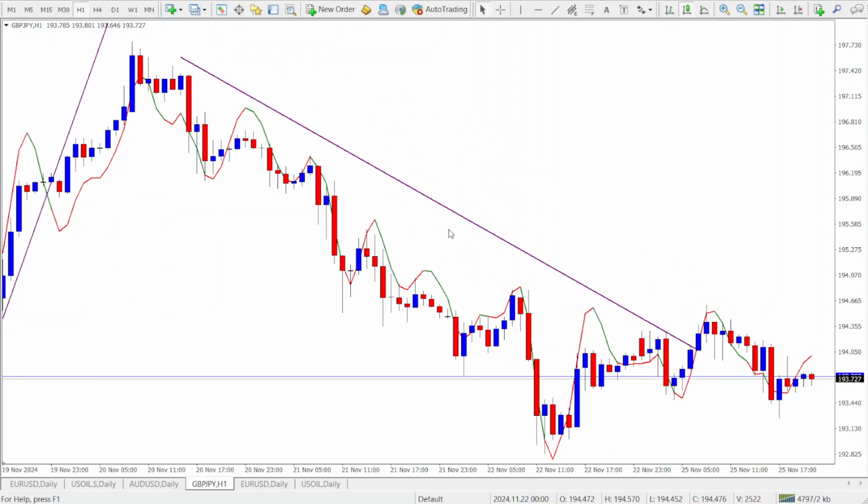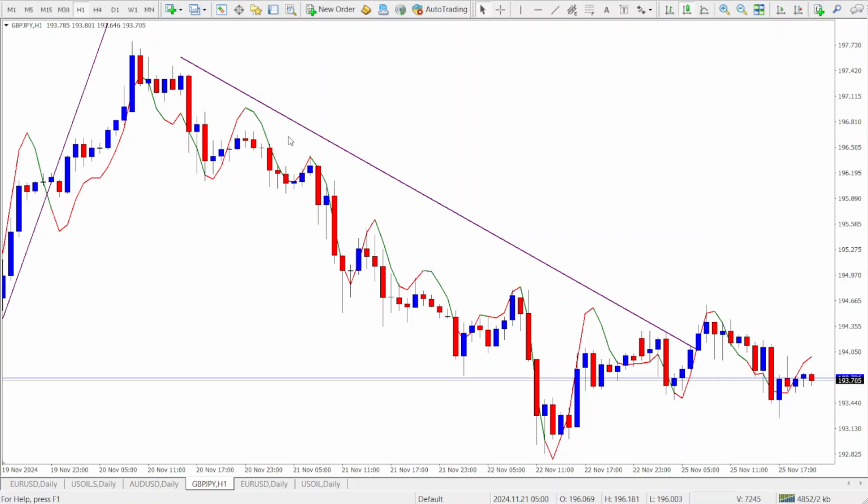In the case of a sell trend, you can see the green line is serving as dynamic resistance. The red line is now serving as a dynamic resistance but showing corrective move, while the green line is showing impulse move.